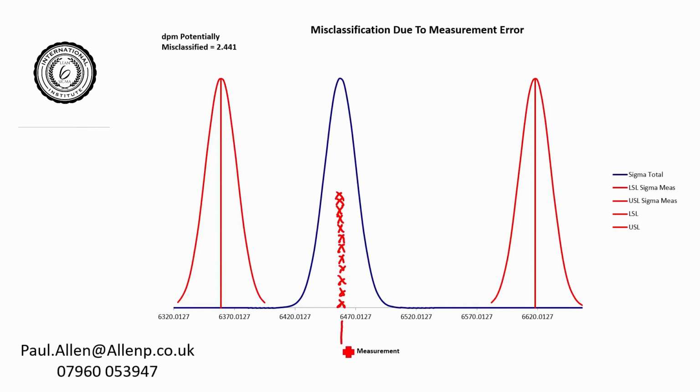And of course what you're trying to do is set the machine in a particular place. And the question is, does the measurement system allow you to set the machine? Does it allow you to see if you're in the tolerance band or not?